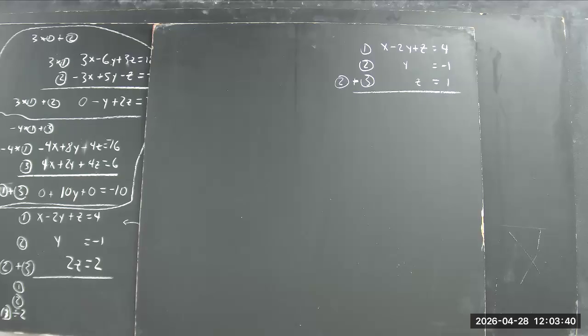Let's see. Okay. So that comes down to this equation, and that should have been negative 1, right? So if you add this equation to this equation, you're going to get 2, not 4. You got 2, yeah, so you're okay. So that's got to be 2. So you got z equals 2. Now you write it again, you're going to have z equals 2, right?